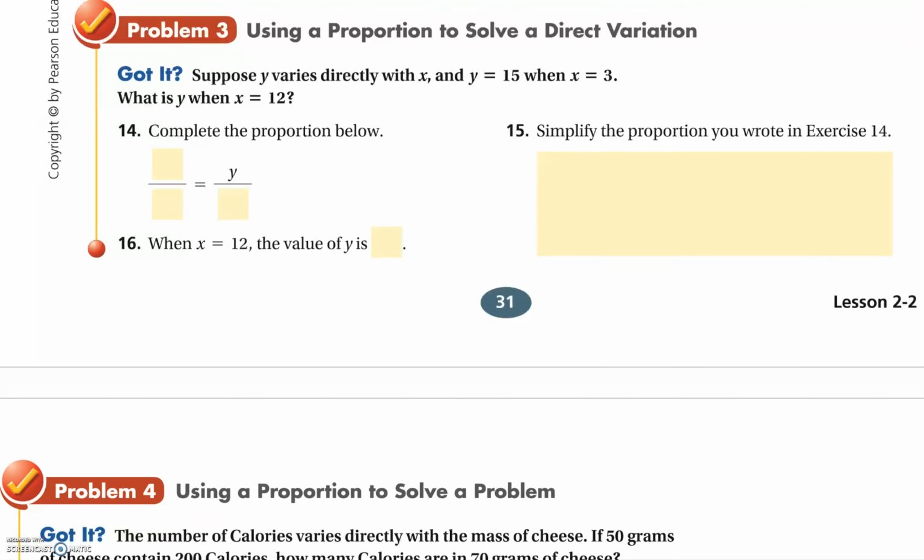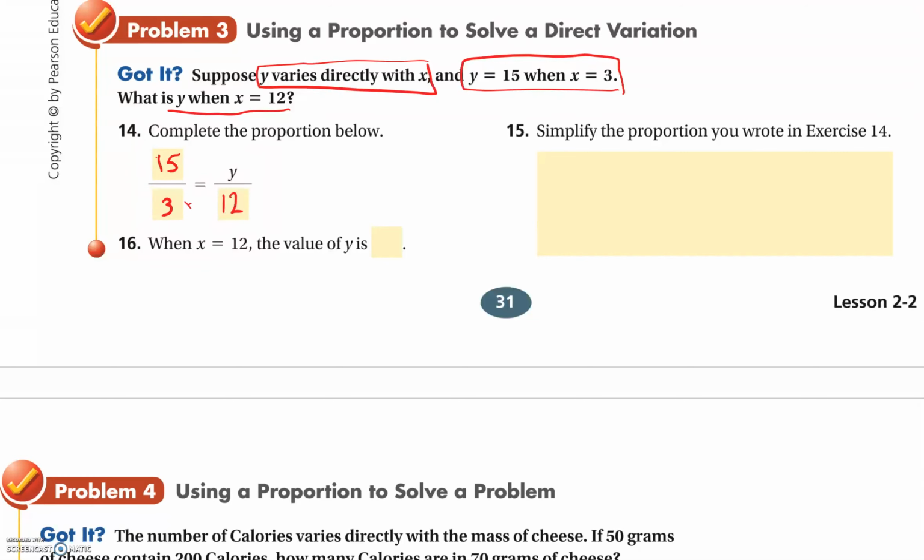Alright, so problem 3 says using a proportion to solve a direct variation. They're saying y varies directly with x, and we just have to prove that. So these are the two values that we know become a ratio. The first thing we fill in is 15 over 3. Then it says, what is y when x equals 12? Those two are together because it's telling us that those are the ones paired up.